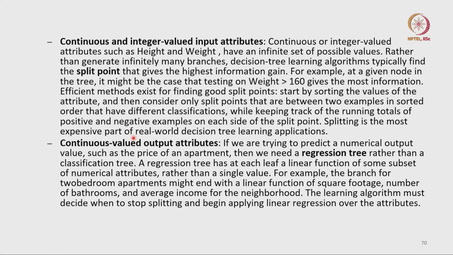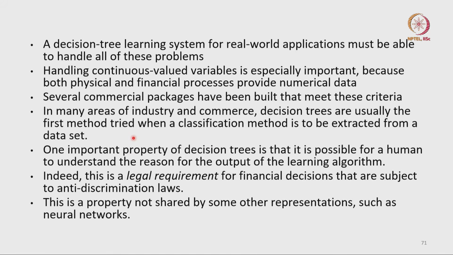So you have a numerical function which you are going to use at the leaf. So these are things which need to be taken care of to make the decision tree much more useful basically. So a decision tree should be able to handle all these problems.